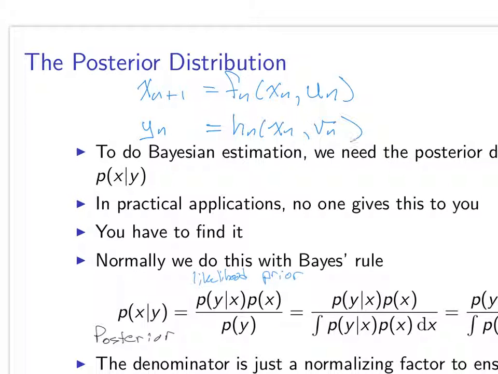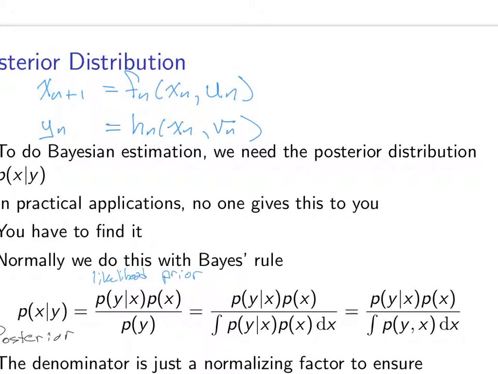There's some noise involved as well. This equation here is often called the process model. Sometimes it's called the state model, but I'll usually refer to it as the process model. And this is usually called the measurement model, I'll usually use that term, or sometimes it's called the observation model.